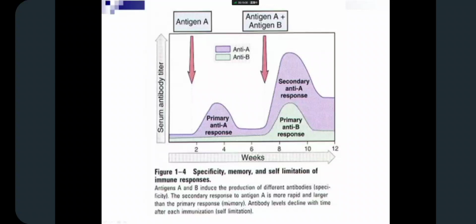The secondary response to antigen A is more rapid and larger than the primary response. Antibody levels decline with time after each immunization.